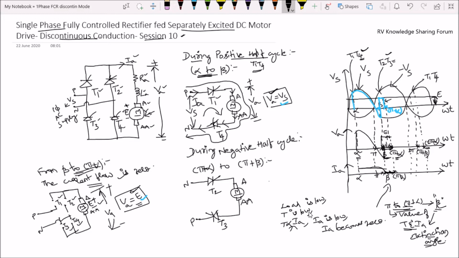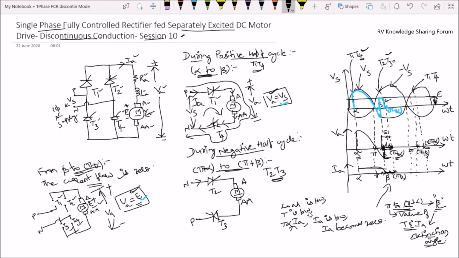Okay. So now let us discuss the negative half cycle. If we observe this negative half cycle, that means from pi plus alpha to pi plus beta, the thyristors T2 and T3 come into conduction. So the current flow will be like this.